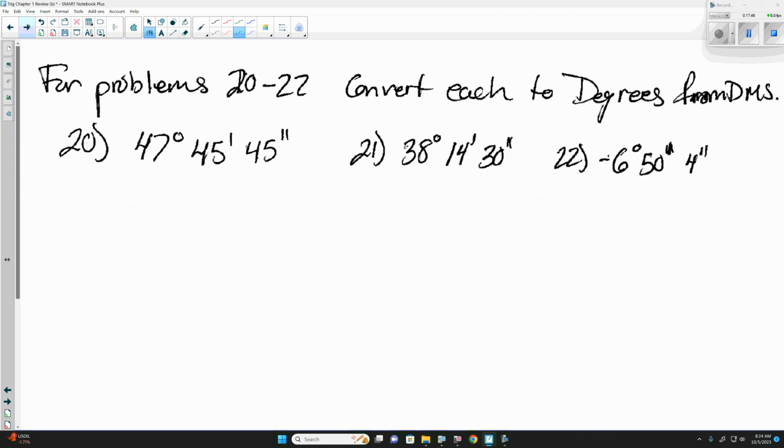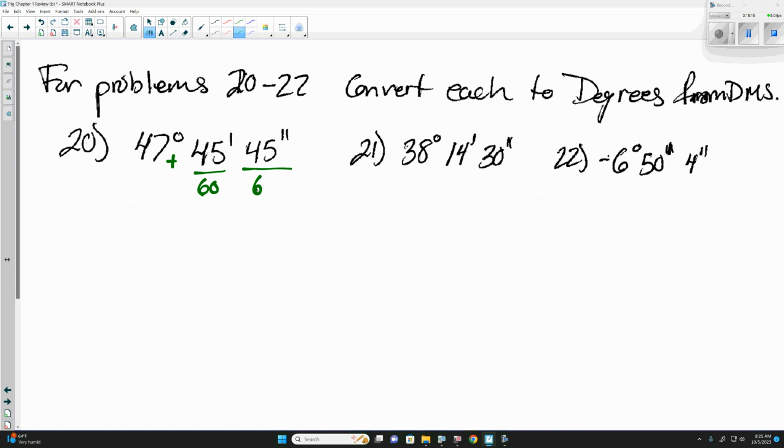Yep, so what we would do if we were doing this by hand is we would first divide the seconds by 60. Add that decimal number to the minutes. Divide that entire number by 60, and then add that number to the degrees. The other way we could do it is I could add 47 to 45 over 360. But the seconds, we had to divide it twice, yes?